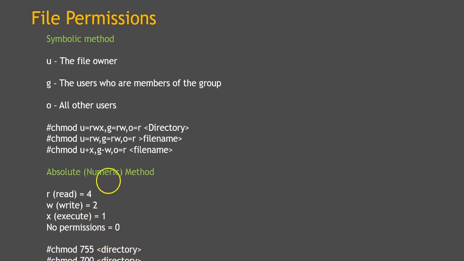Here 7 is for user. 4 plus 2 plus 1 equals 7, which means the user gets all the permissions. And 5 means 4 plus 1, which means the group gets read and execute permission. Another 5 is for others, which is also read and execute. In this way you can easily change the permissions of files or directories.